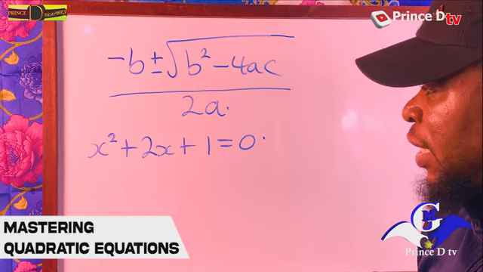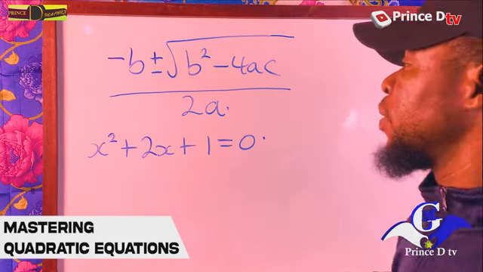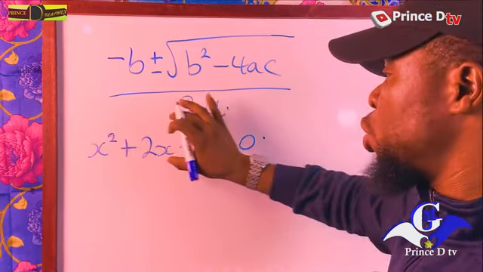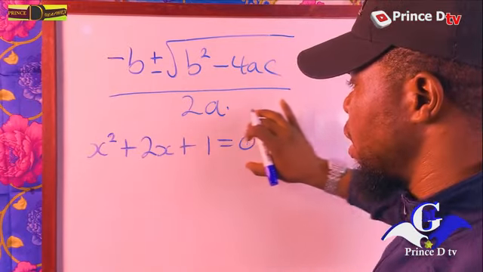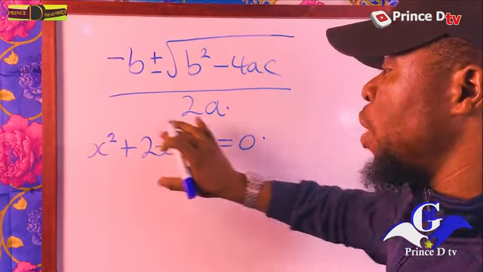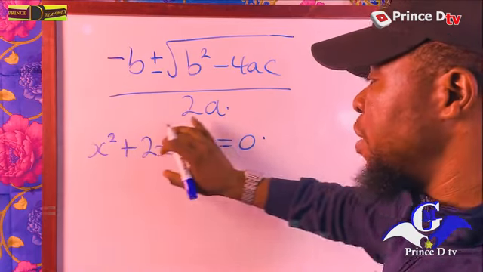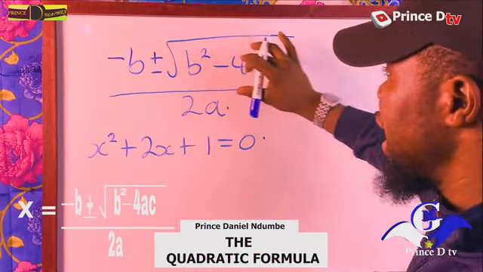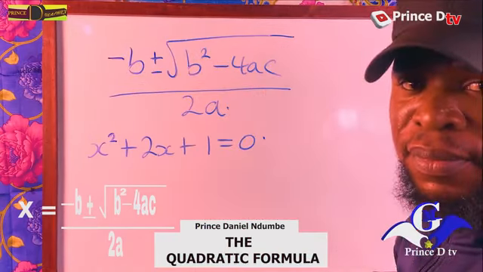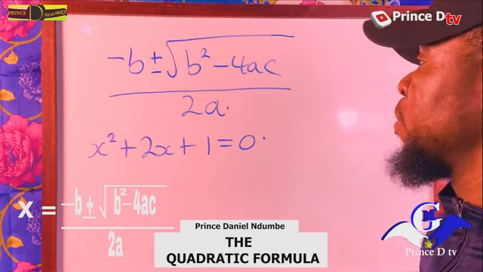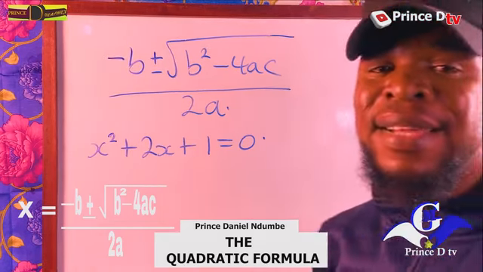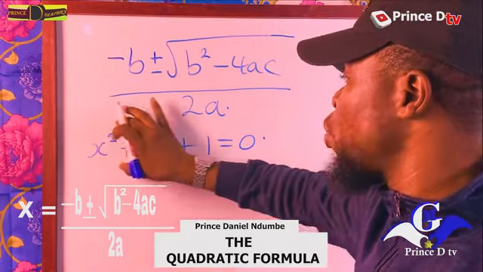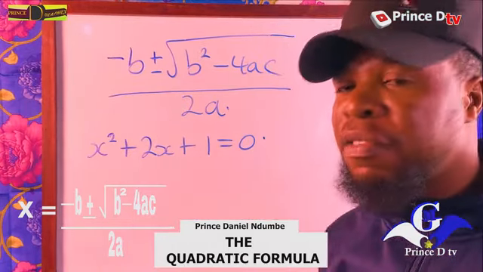Are we there? Now it means we have to substitute. This is the quadratic equation. We have to look for the coefficients of the variables and the constants, and we substitute each of those into the formula. Now the first step, let's compare this quadratic equation with the general form.